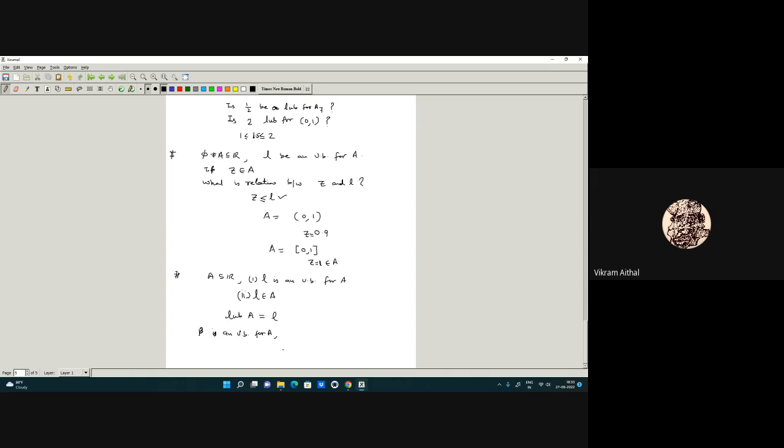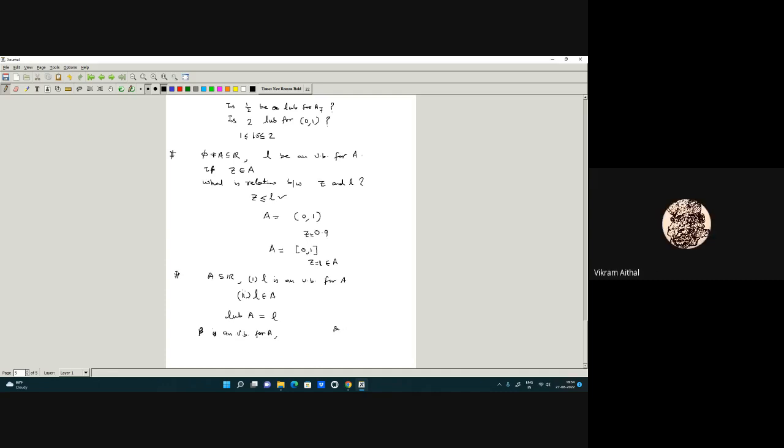So Satya sir said beta is an upper bound of A. What does that mean? Beta is greater than or equal to x. For which x? For some particular x or L?